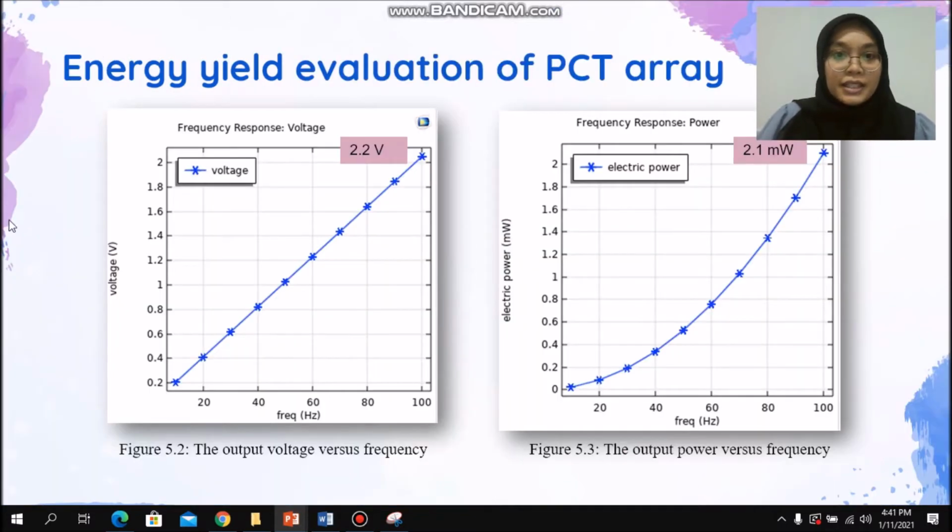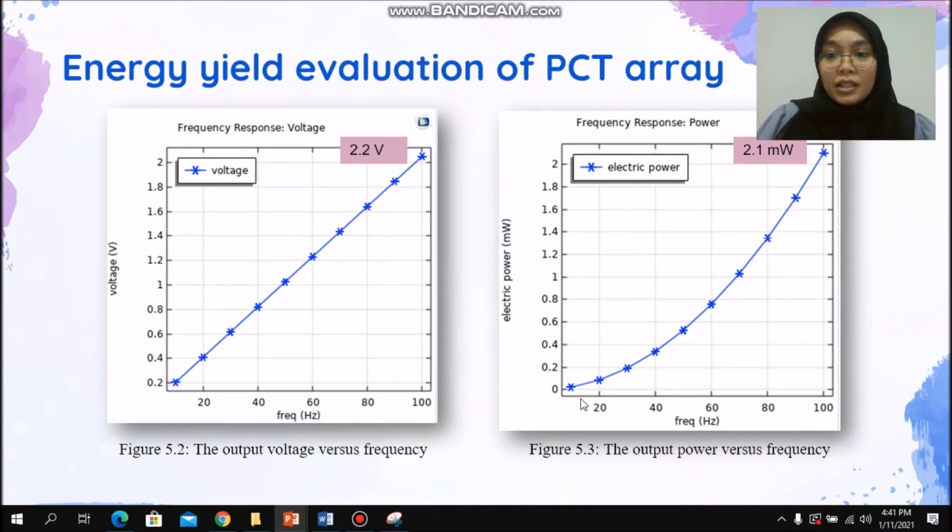So this is the graph of the outcome from the simulation of energy yield of the PCT array. As we can see from this data, when the frequency increases, the output voltage also increases, and the same goes with the output power.